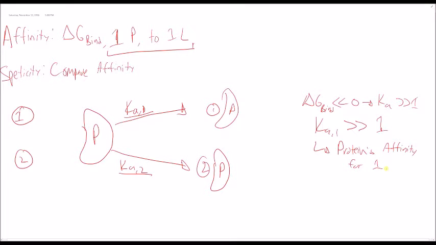For me to comment at all about specificity, I need to know how Ka1 compares to Ka2. So if Ka1 is much greater than Ka2, I know that this reaction is heavily dominated by forming the complex with ligand 1. And because this reaction dominates more, I can say that the protein is specific for ligand 1.